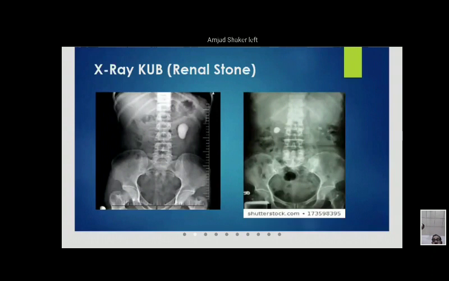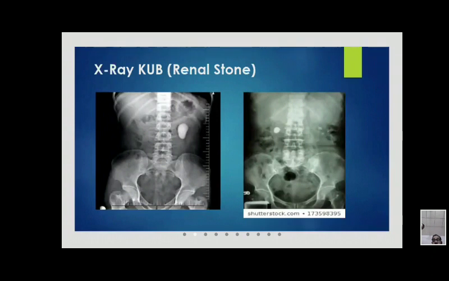In some cases, like bilateral stone, go for an isotope scan to see the split function of both kidneys. Also biochemical investigations like blood urea, creatinine, serum electrolytes, routine urine examination, complete blood count, etc.